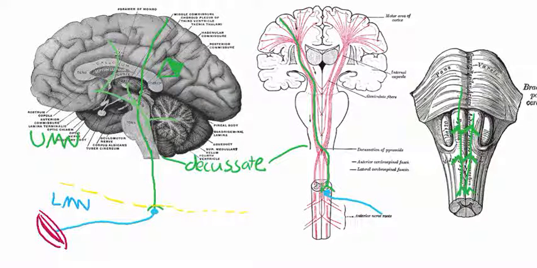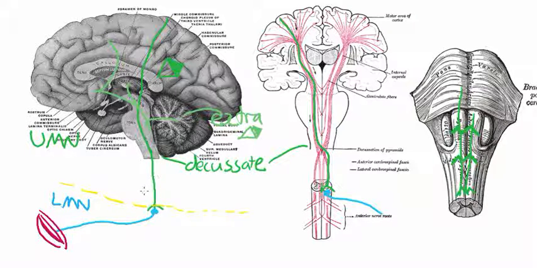All of those have an impact on the nerves, but they don't directly contact the lower motor neuron itself. So they are called the extrapyramidal system.